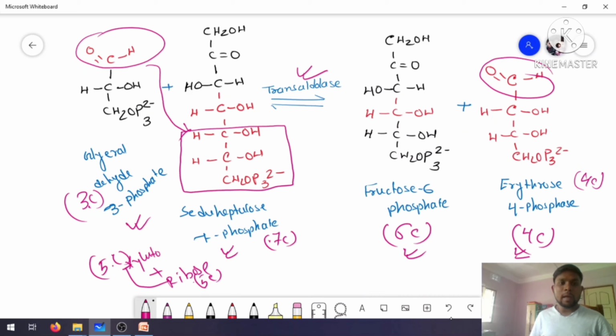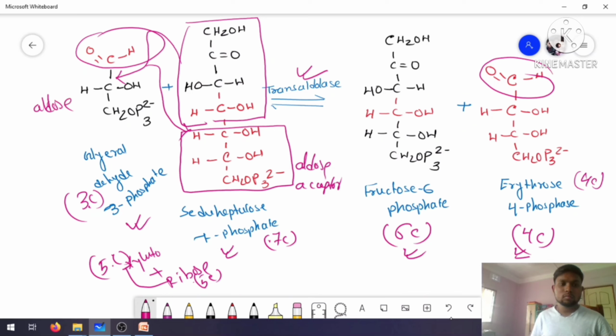It means that the aldehyde group has transferred from glyceraldehyde 3-phosphate to pseudoheptulase by removing this part from pseudoheptulase and transferring it to the aldose sugar. So this is known as the aldose acceptor and this is known as the aldose donor.